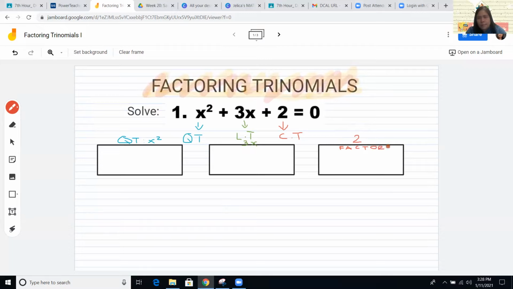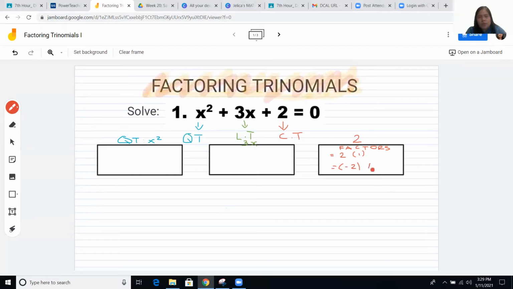What are all the possible factors for 2? When we multiply them, we can get 2. So we have 2 times 1, and also negative 2 times negative 1. These are all equal to positive 2.